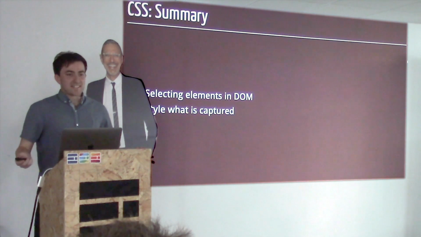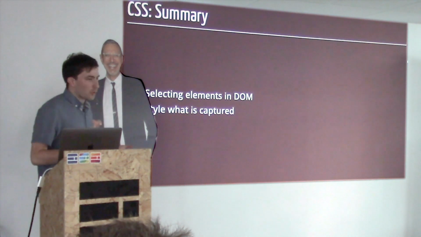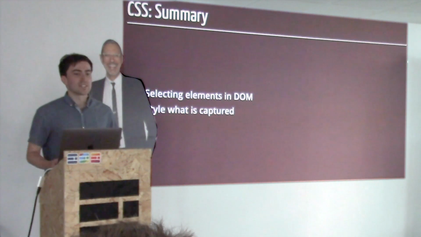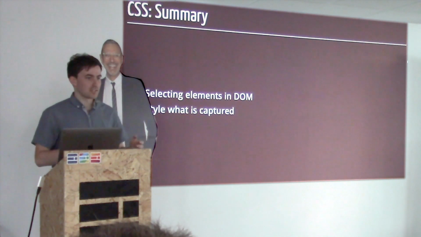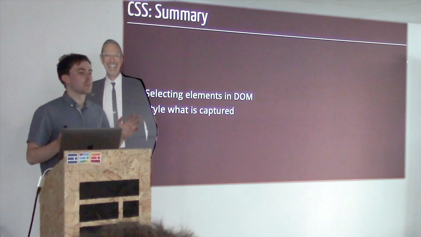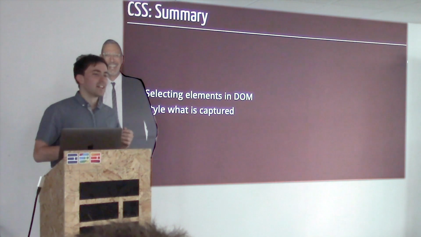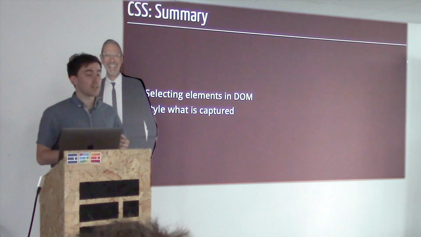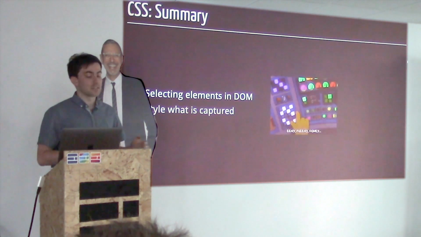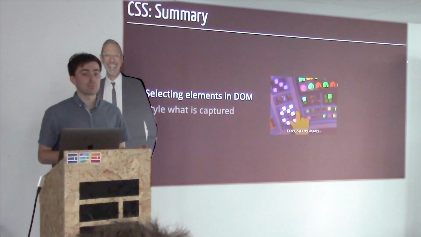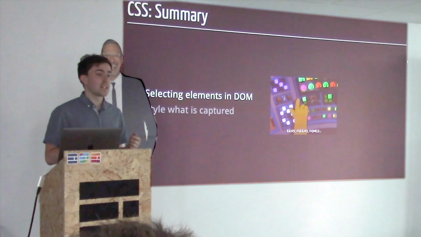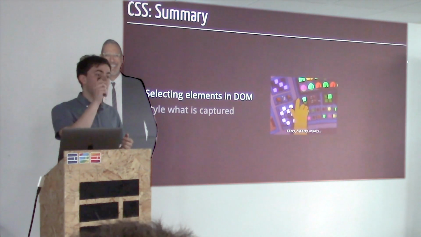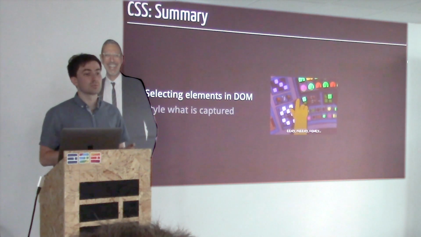So, what is CSS? I'm guessing that most everyone here knows what CSS is, but just taking a step back before we get really stupid with it, let's summarize its main points. I think it can be broken down to these 2 things. You can select something in the DOM, so you can say div.foo, and that's going to look through the DOM and find any div tag that has the class name foo.